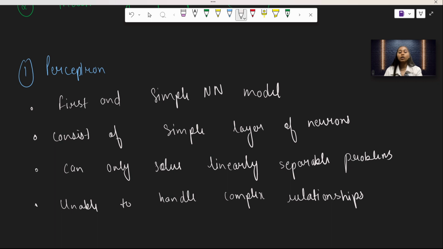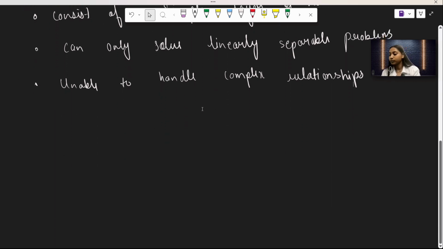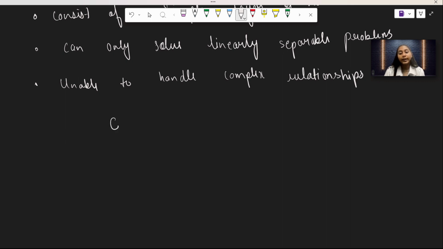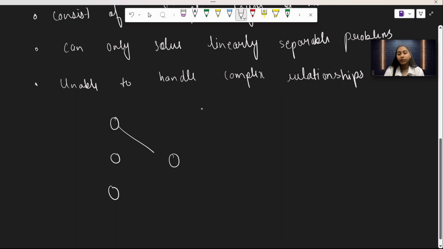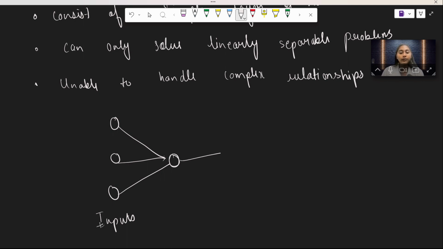Okay, let's talk about another term. Firstly, let's discuss its structure. So it can be like this. We have these inputs. Then, firstly, we have this as an input, we calculate the weight here, then we apply the activation function, and we get the output.